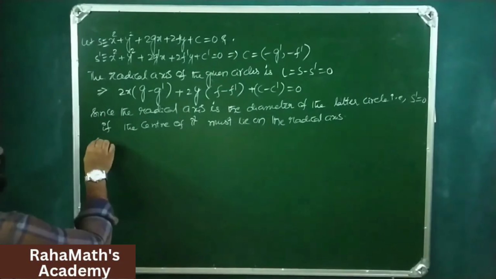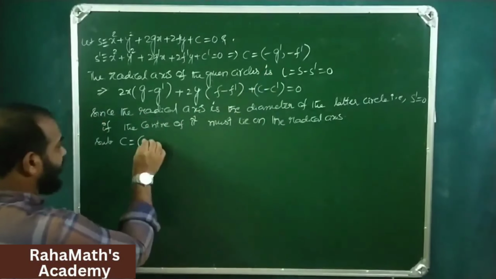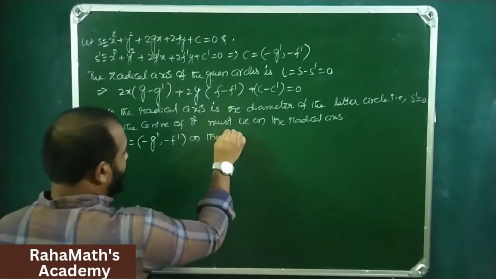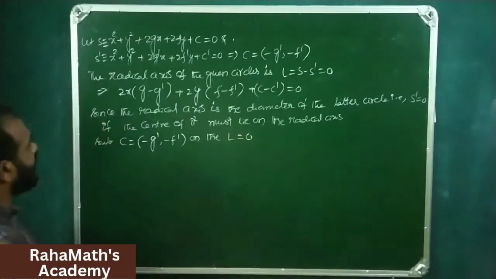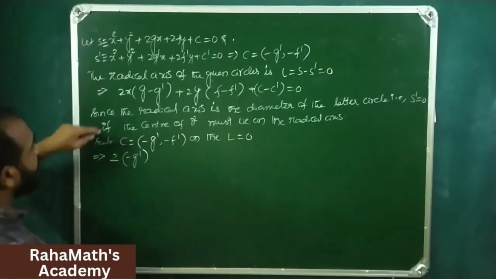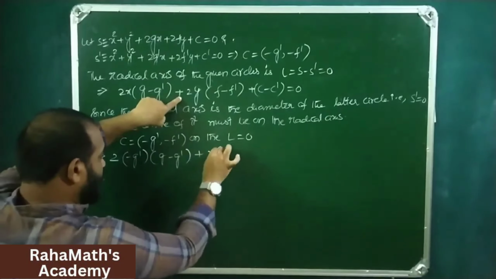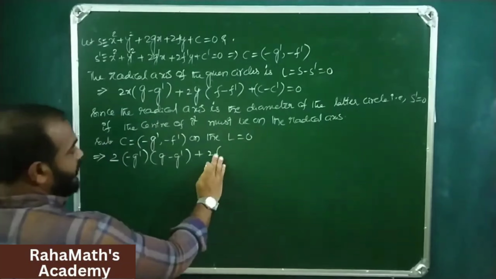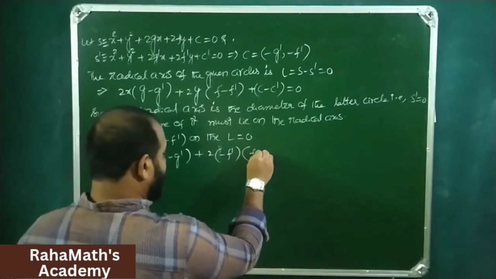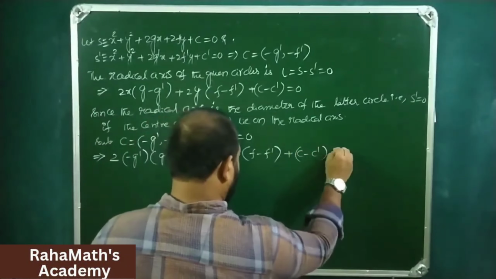So substituting the center, minus g dash, minus f dash, in the radical axis L equals 0, that implies 2 into minus g dash into g minus g dash, plus 2 into minus f dash into f minus f dash, plus c minus c dash equals 0.